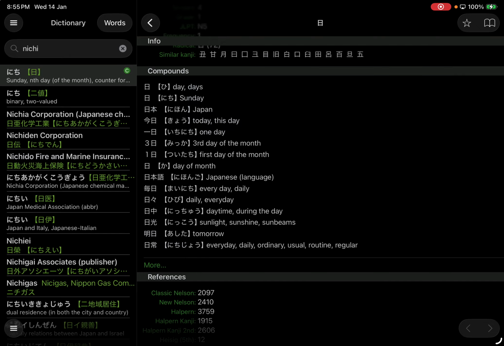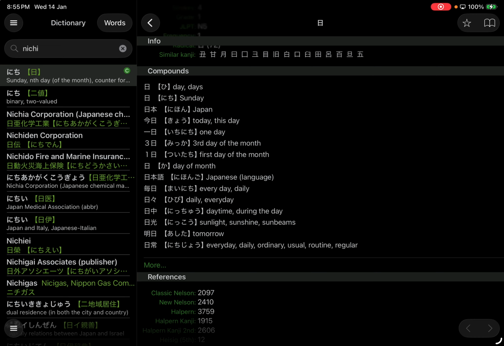I cannot split these two kanji because both of them added together is Kyo. So I'm not saying one of it is Kyo, another one is U. No, these two together is Kyo. Alone it has a different sound. Then of course this one is ichinichi, 1 day.